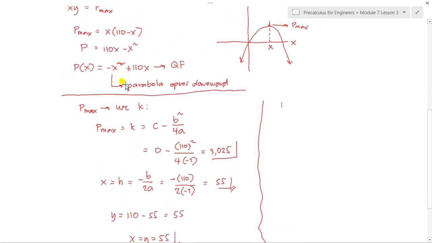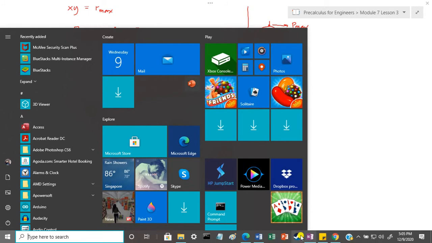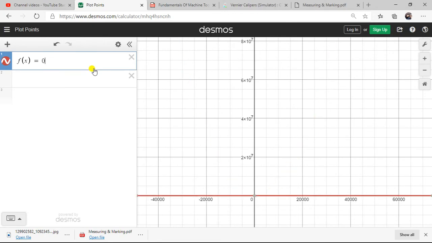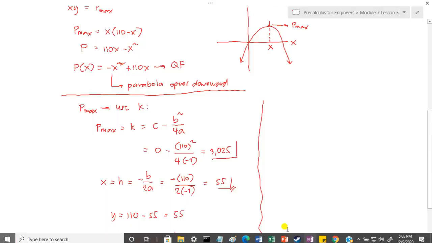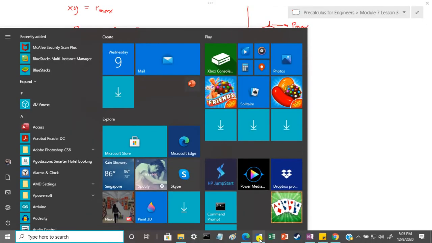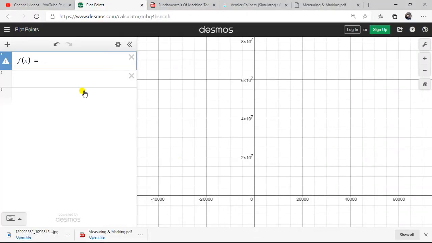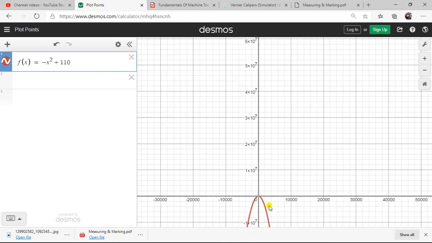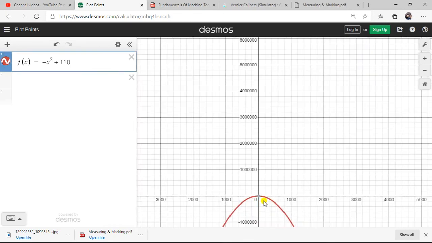We can also verify this by plotting our quadratic function online. So on the online calculator, we enter negative x squared plus 110. Okay, so negative x squared plus 110. We're going to zoom this.